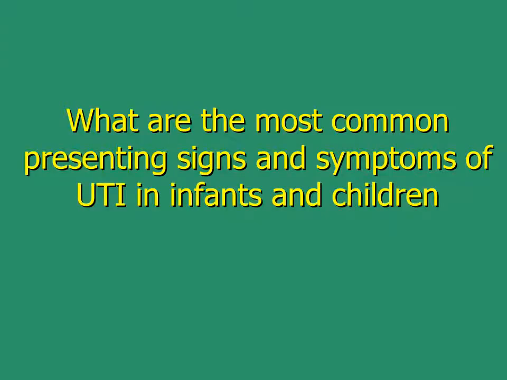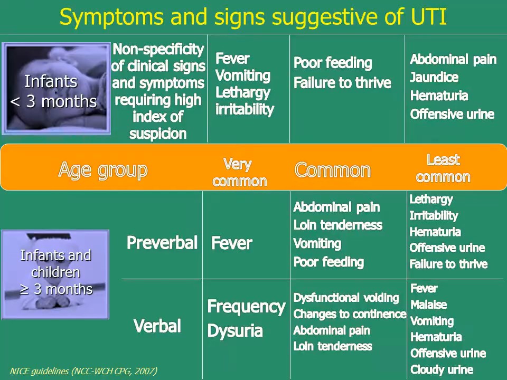What are the most common presenting signs and symptoms of UTI in infants and children? In the neonatal period, the symptoms and signs are nonspecific. A neonate might present with signs of sepsis, such as temperature instability, peripheral circulatory failure, lethargy, irritability, apnea, seizure, or metabolic acidosis.